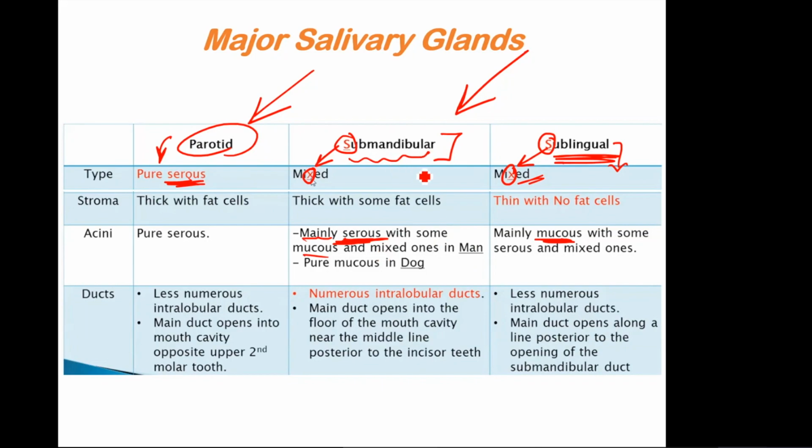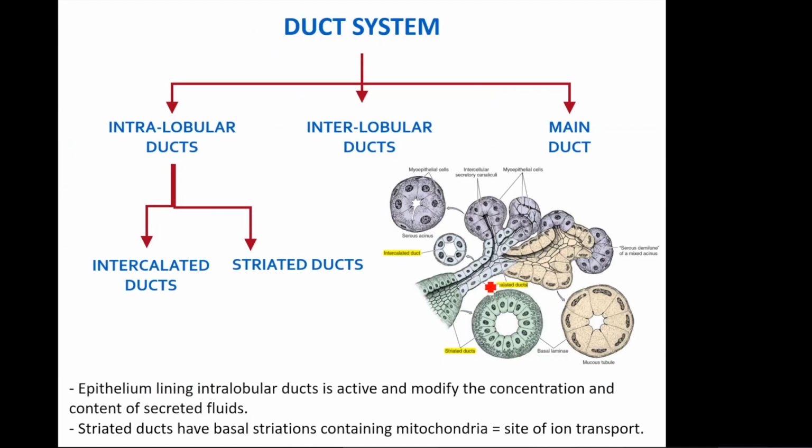And in the submandibular gland, there is a numerous number of intralobular ducts compared to parotid and sublingual. You have to remember all of these things. They are very important, especially in the theory exam.